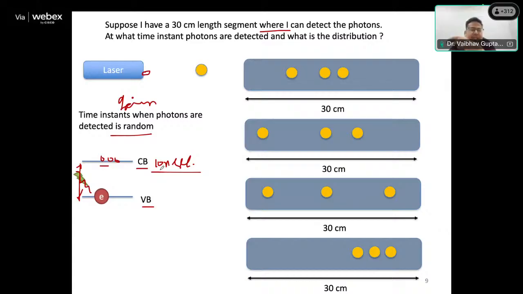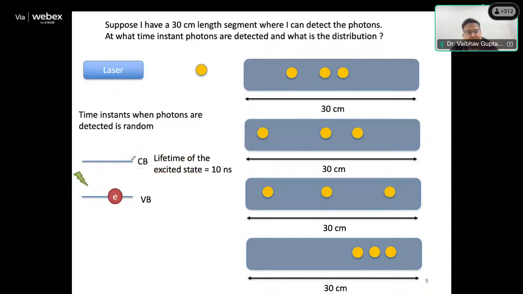But typically, idealistically, let's say this can stay here for 10 nanoseconds. And within these 10 nanoseconds, you don't really know when it is going to come down. Let's say the first electron comes down and a photon is emitted within 2 nanoseconds. The next same thing will happen next, maybe in 8 nanoseconds or 3.2 nanoseconds.